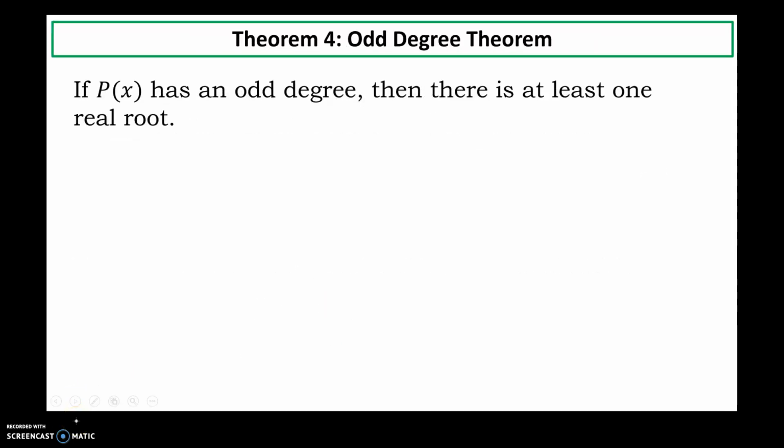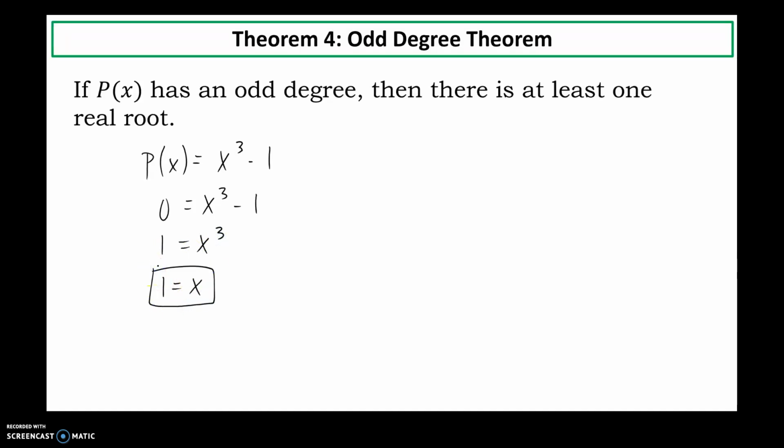All right, odd degree theorem. If p of x has an odd degree, then there's at least one real root. No matter what type of odd degree it is, there's always going to be one real root. If I go to solve an equation that looks like this, add 1 to both sides, and take the cube root of 1, and 1 is my only real root.